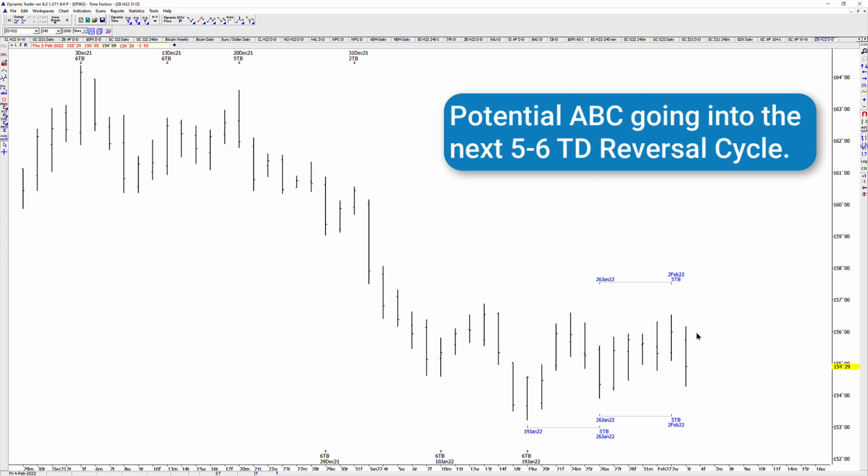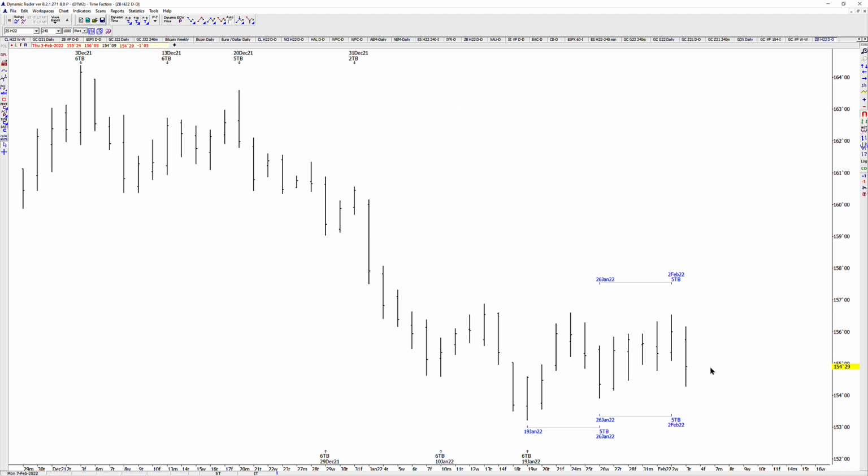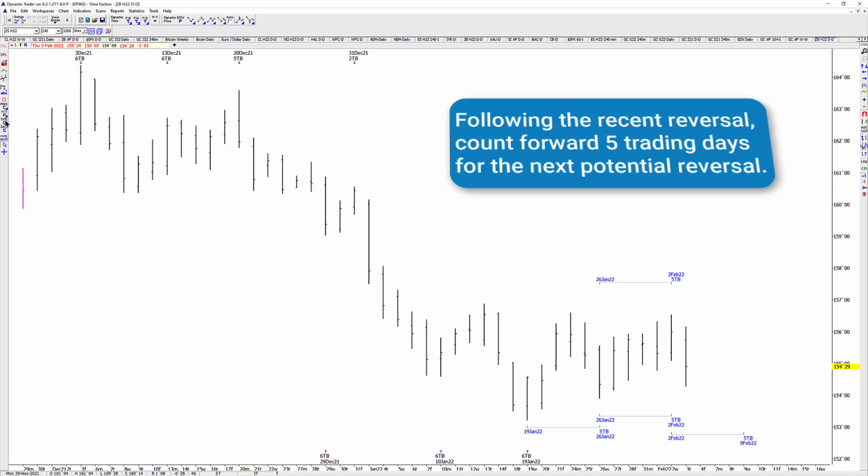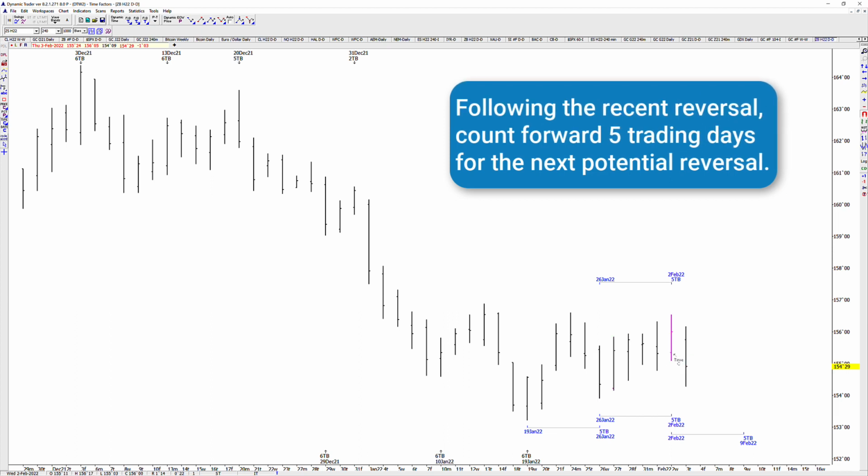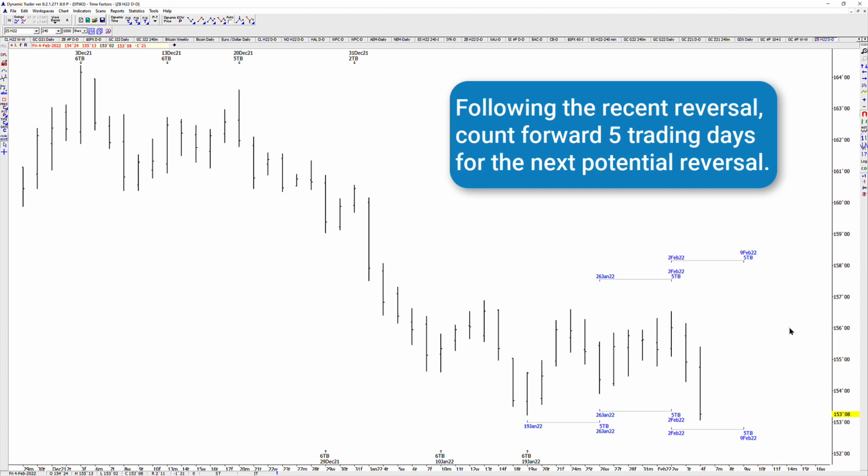Next day, reversal down, closing below recent lows. So now what would we do? Well, again, 5 or 6 days from this top, we would anticipate a probable reversal lasting a few days. So let's just add that. We don't know yet whether it's going to be a high or a low, because remember, it's a reversal cycle, not a cycle for highs and lows.